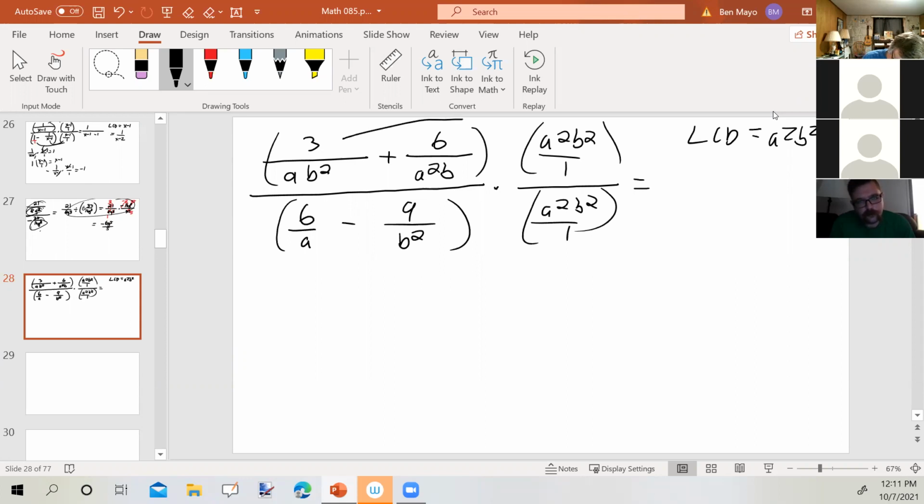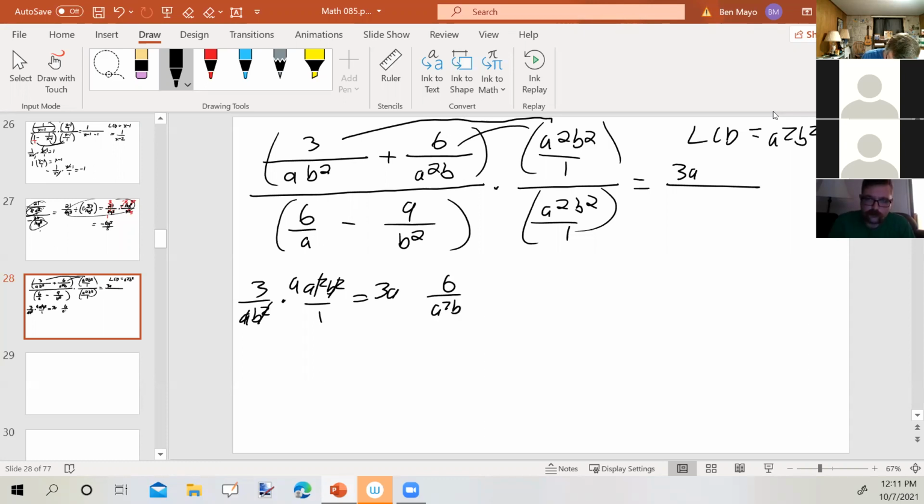So distributing, 3 over ab squared times a squared b squared over 1. B squareds reduce out, a squared over a reduces out. We've got 3a. Six over a squared b times a squared b squared over 1. The a squareds reduce out, b squared over b is b, and we get plus 6b.